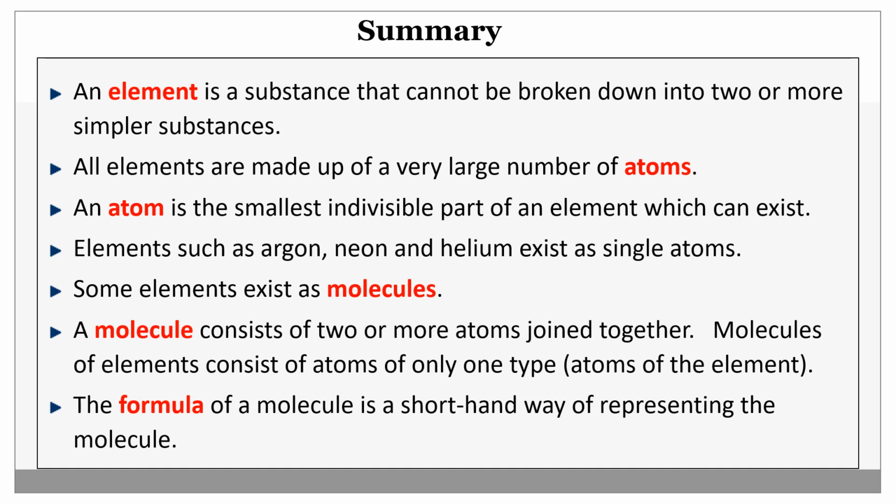Molecules of elements consist of atoms of only one type, that is, of atoms of the element. The formula of a molecule is a shorthand way of representing the molecule. You will learn later about molecules of compounds.